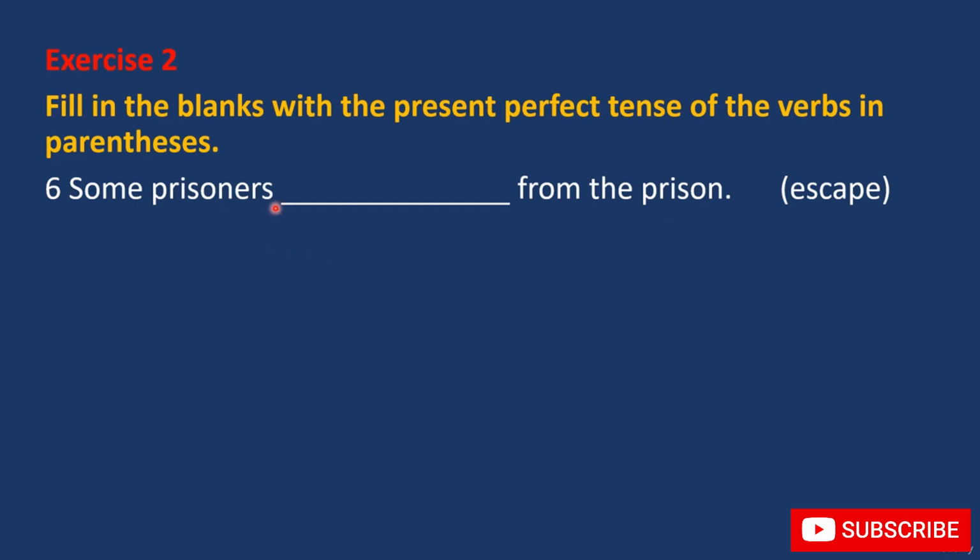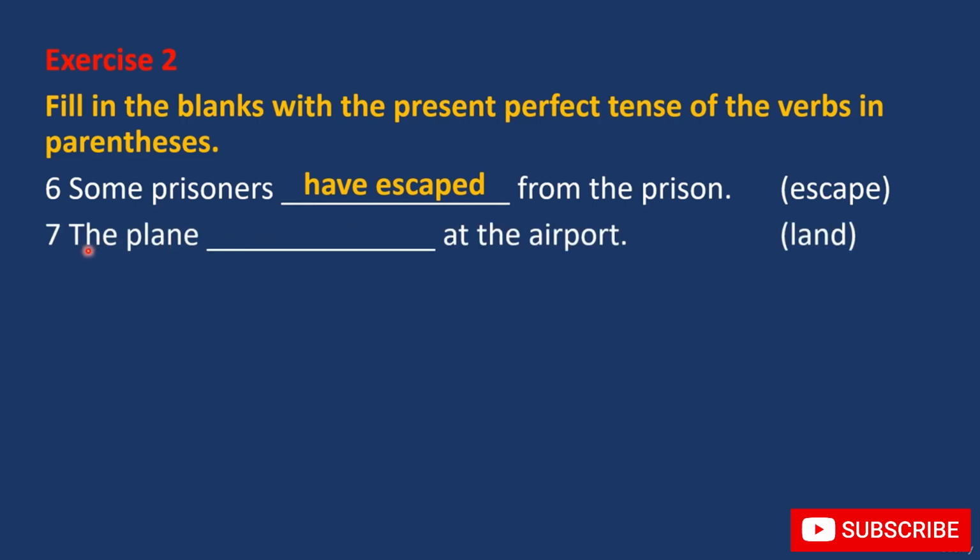Some prisoners, this is plural, so I use have. Some prisoners have escaped from the prison. The plane at the airport. Plane has landed at the airport. Perfect.